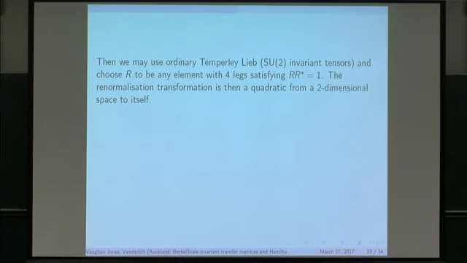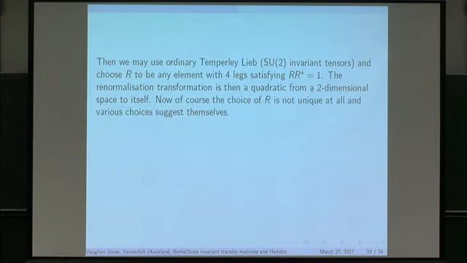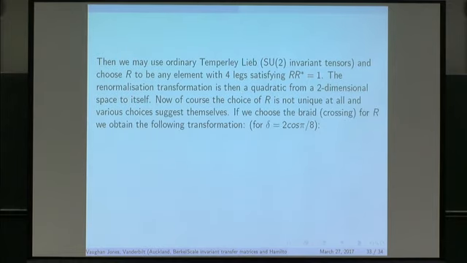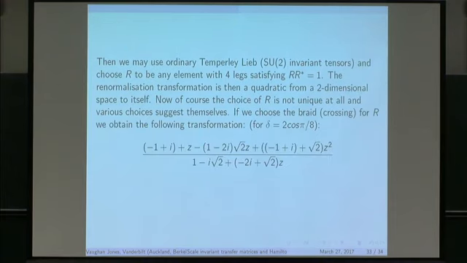But if you do that, the relevant transformation is a quadratic transformation from a 2-dimensional space to itself, and it's a rational function of complex variables. And here it is. If I choose the Temperley-Lieb parameter to be 2 cosine pi over 8, which gets you into the good stuff, then this is actually what it looks like.